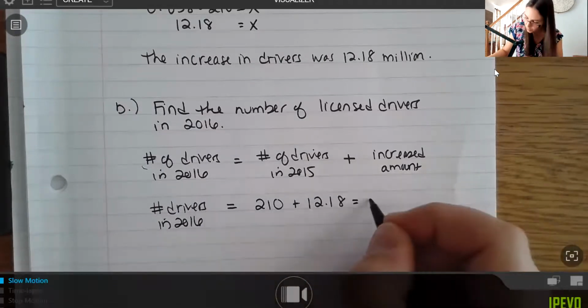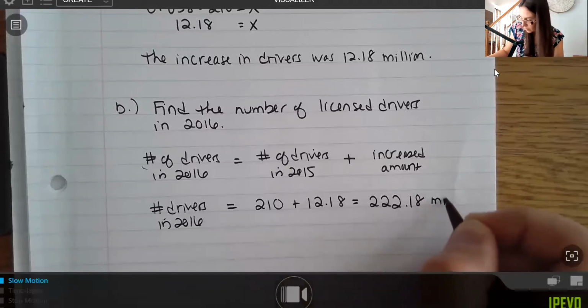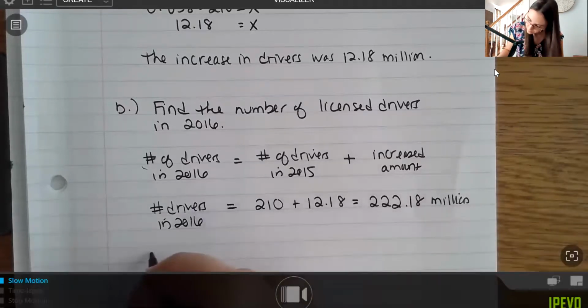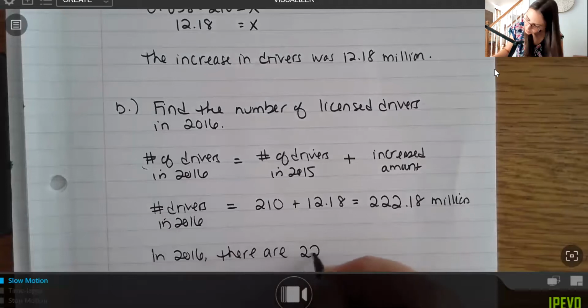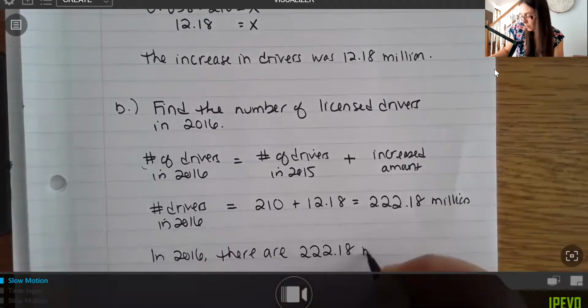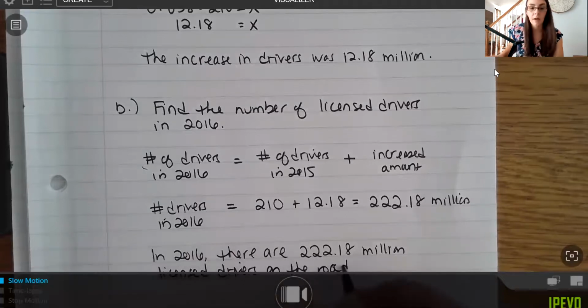So altogether, this is 222.18 million. So in 2016, there are 222.18 million licensed drivers on the road.